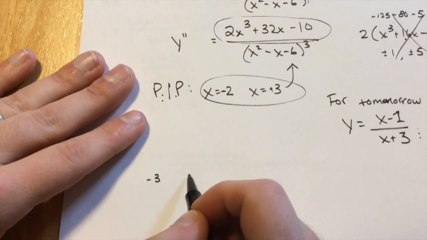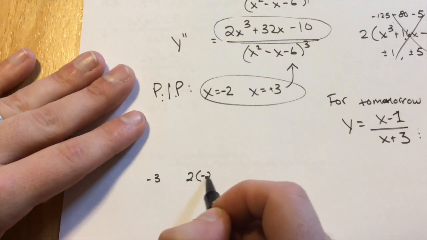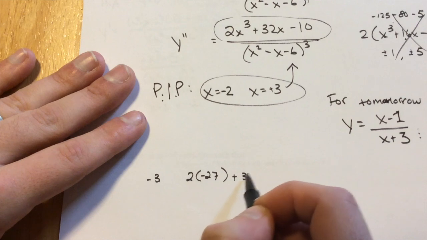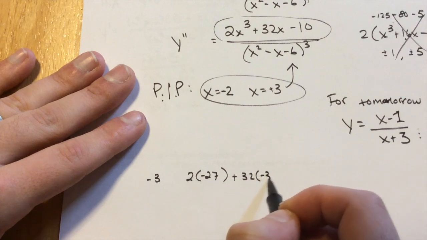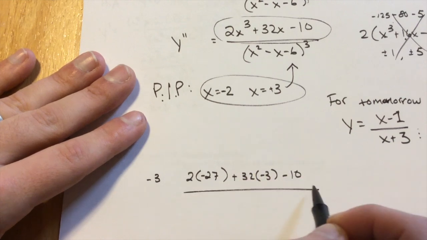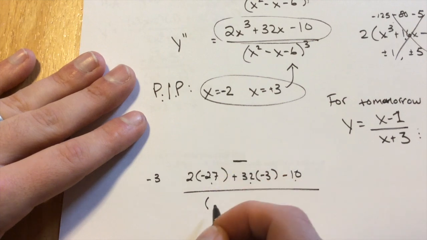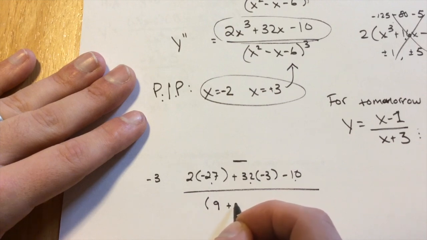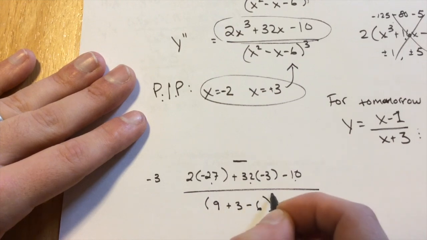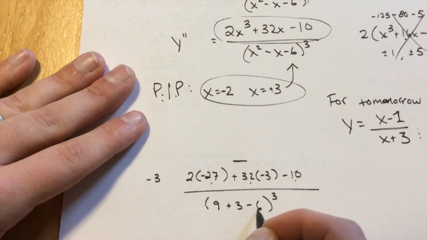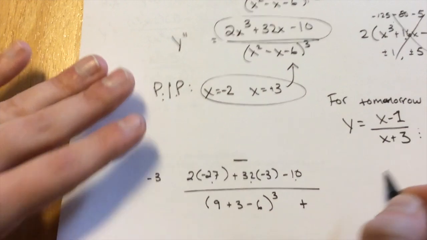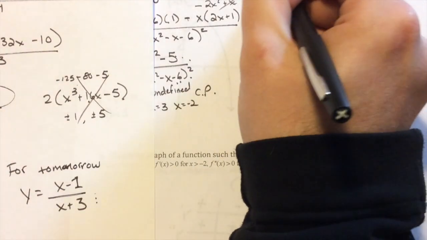I have 2 times negative 27 plus 32 times negative 3 minus 10. That's negative, negative, negative, so that's negative on top. And on bottom, I have 9 plus 3 minus 6 cubed. So that's positive. So I'm left with a negative.